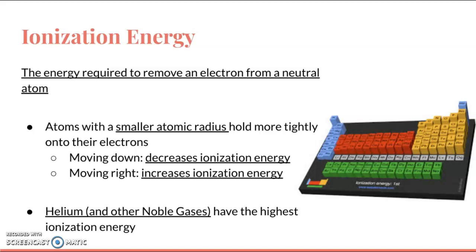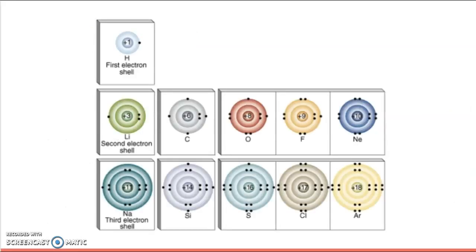We already know that if I have a smaller atomic radius, it's closer to the nucleus. So I'm going to go all the way up to this side here. I see that this electron here is super close to the nucleus. My outermost electron is super close to the nucleus. But if I look at sodium, my outermost electron is a lot farther away.